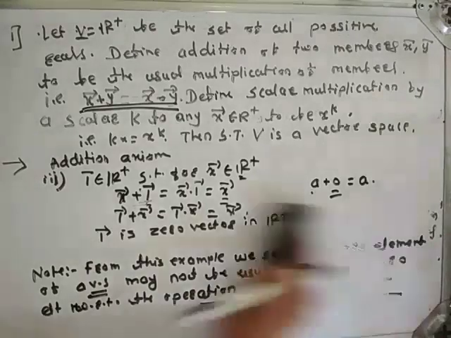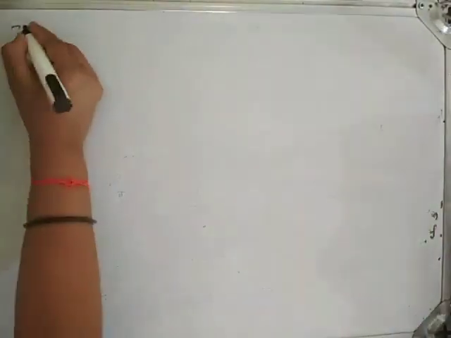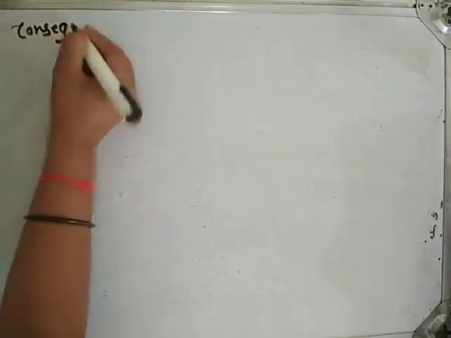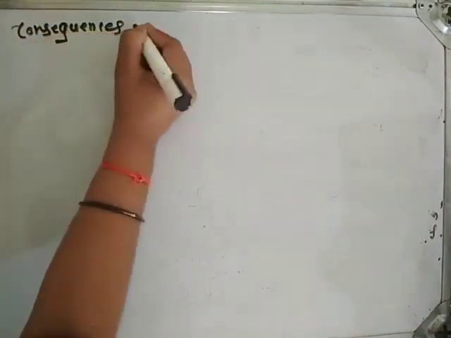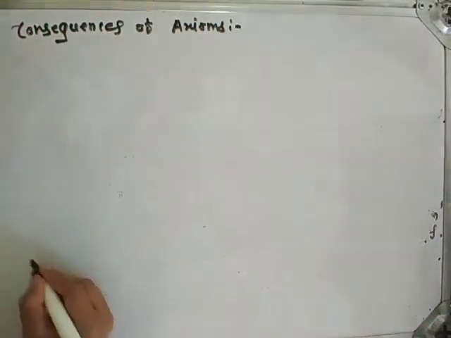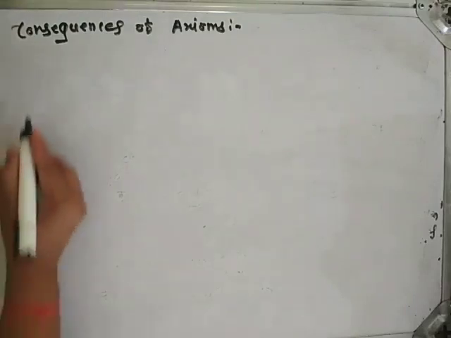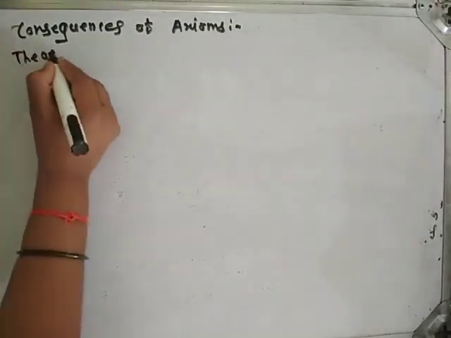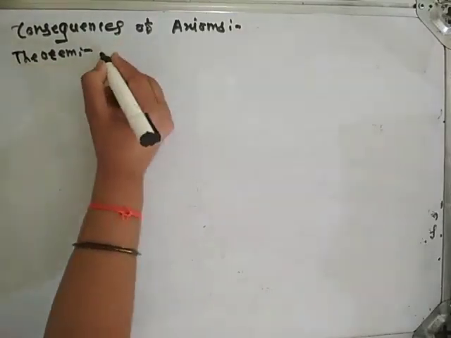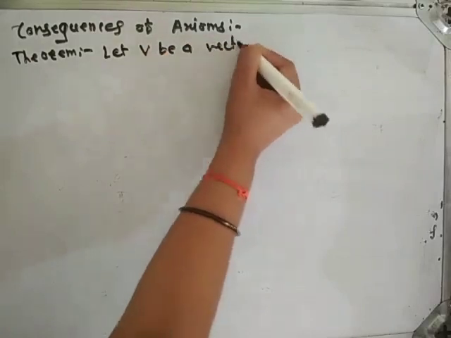Now, our next topic is consequences of axioms. First theorem is: let V be a vector space.